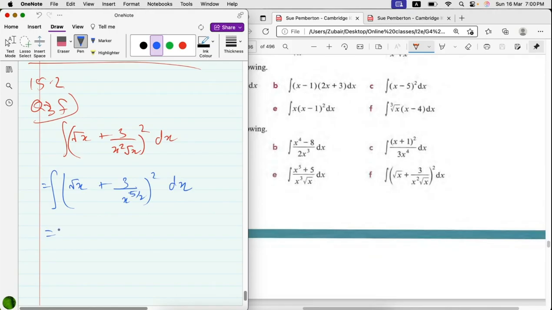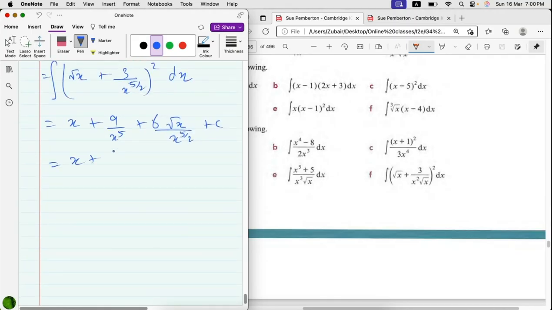So this is a square plus b square plus 2ab. 2 into 3 is 6 square root x over x 5 by 2 plus c. Now I'm simplifying it. This wasn't integrated yet, this is just the simplification, dx. 9x minus 5. Now that's 1 by 2 and that's 2.5, so I'll be left with the 2 in the denominator, dx.